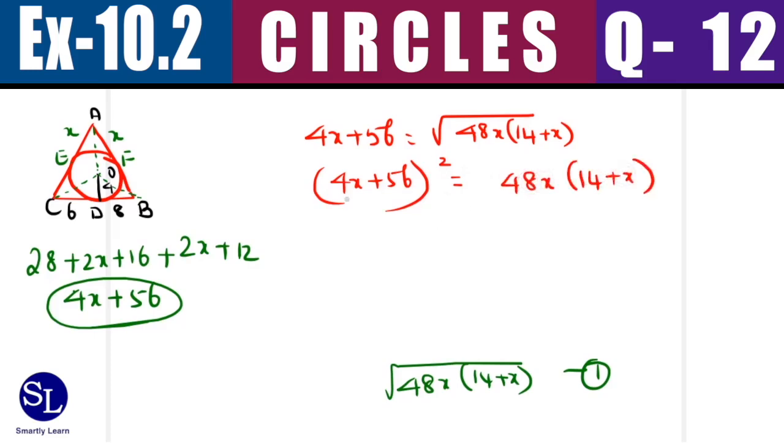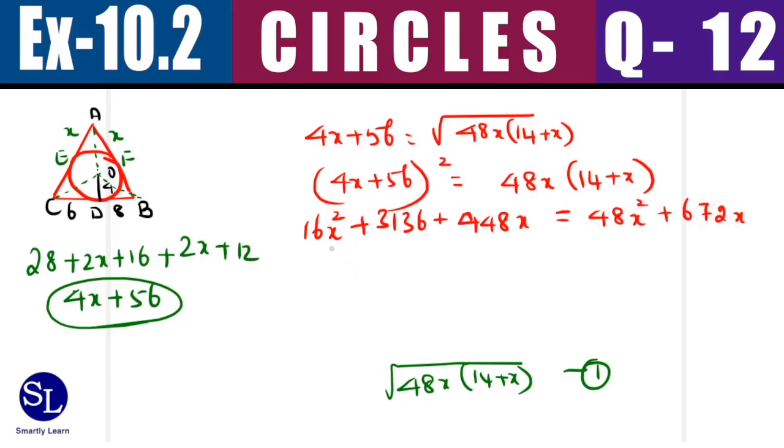So we're going to expand this side. This will become a square plus b square plus 2ab. So it is 16x square plus 3136, that's 56 square, plus 2 times 4x into 56, which is going to be 448x. This will be equal to, I'm multiplying it term wise, 48x square plus 672x.